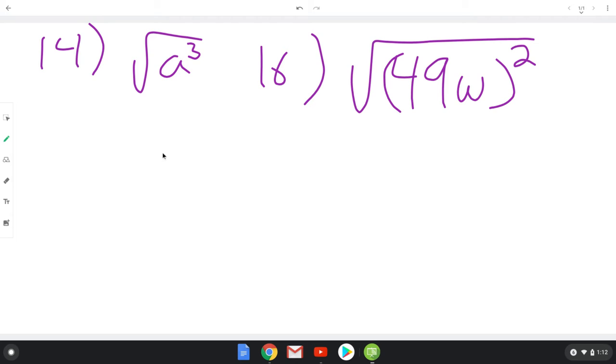So starting here with number 14, I want to remember that when we have an invisible index, that's always 2. So usually invisible things are 1, but when it's an index, it's a 2. So this is a square root, right?